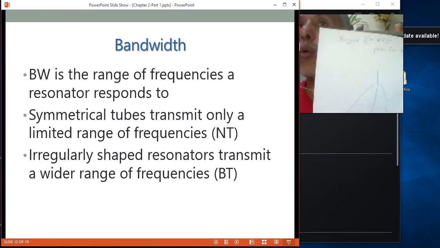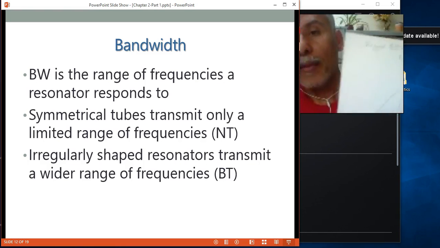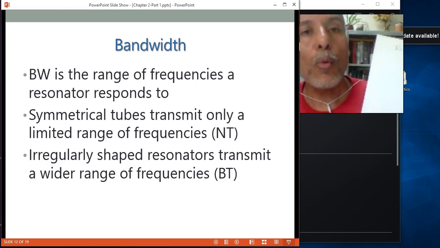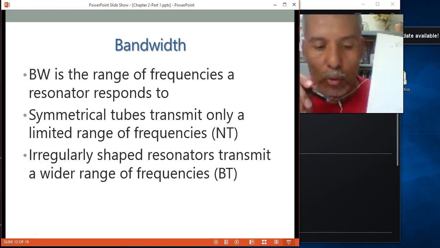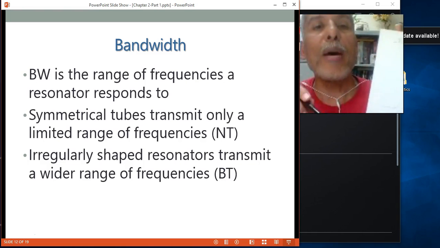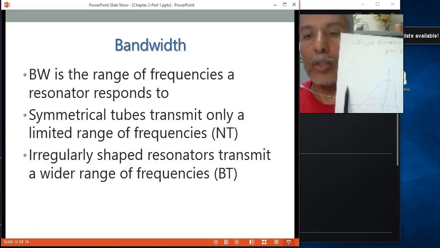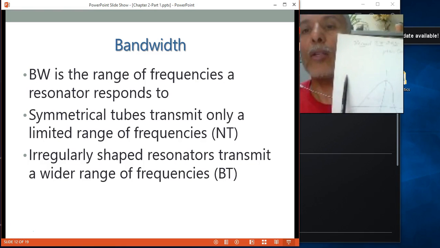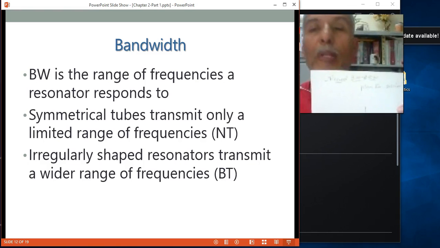And then you say, okay, so together from 300 to 500, that will be your bandwidth, the range within which the tube is going to respond the best way. So the closer you come, if you come 300 and say 301, 305, the closer you come to 400, the louder the sound becomes, until you come to 400 and say, I got the maximum amplification.